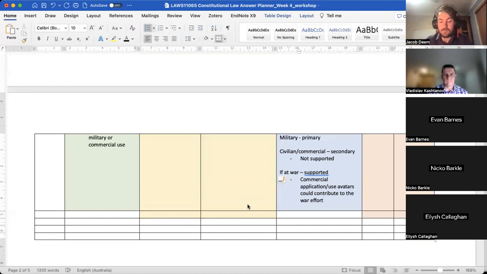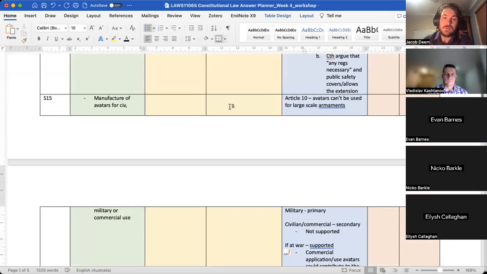Yep. So this idea of regulating the economic and social conditions, as long as there's some connection back to the war or the war effort. We might also think about things like the women's rights employment cases.